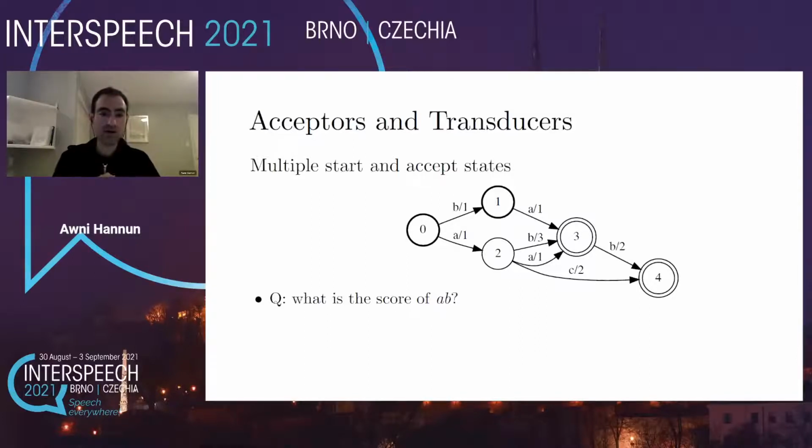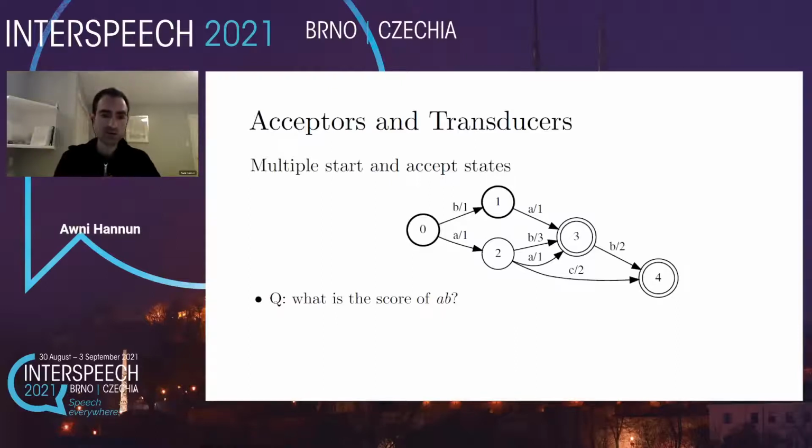In other implementations, graphs can only have a single start state, but they're equivalent in their expressive power because of other properties, which let you represent a graph with multiple start states as a graph with one start state. And I'll show how that's done a little bit later.